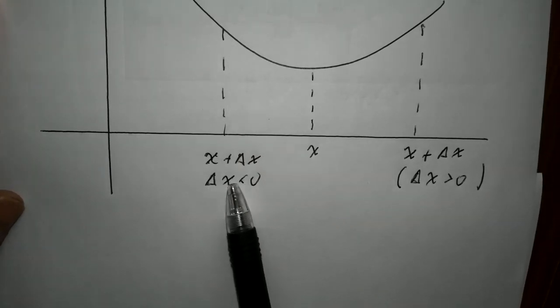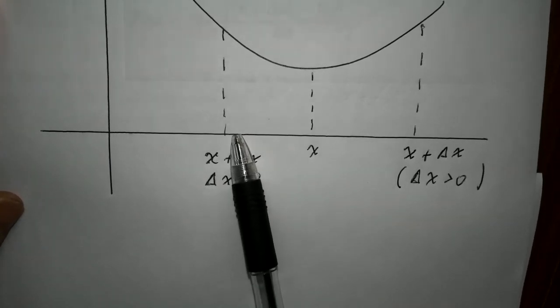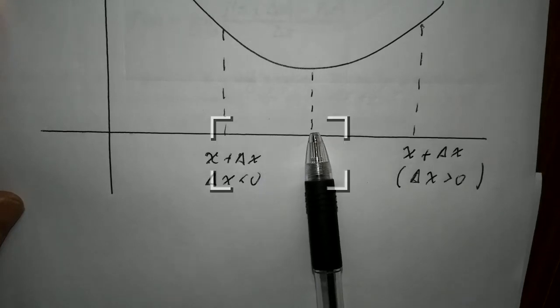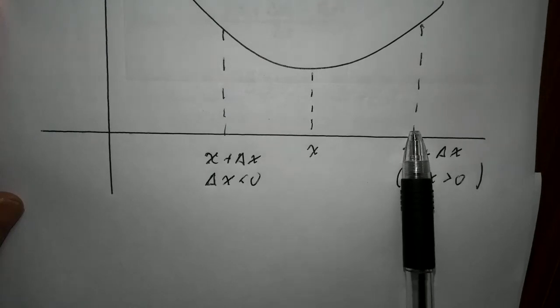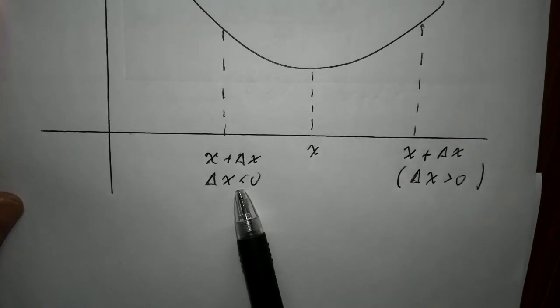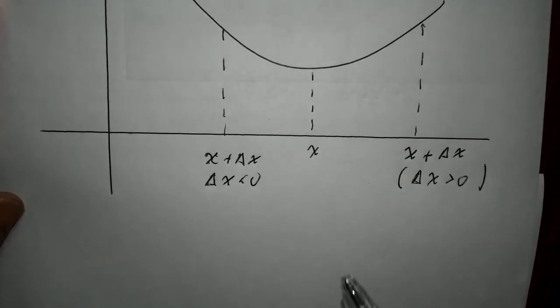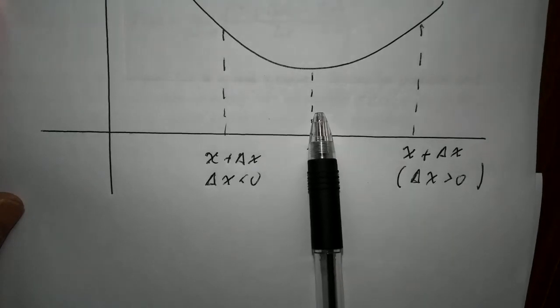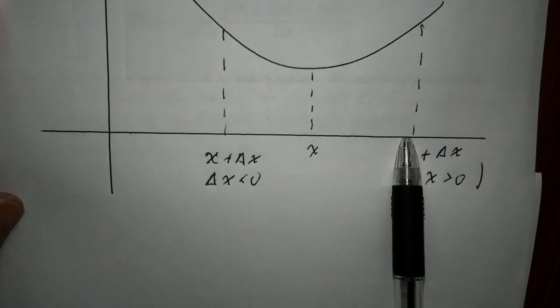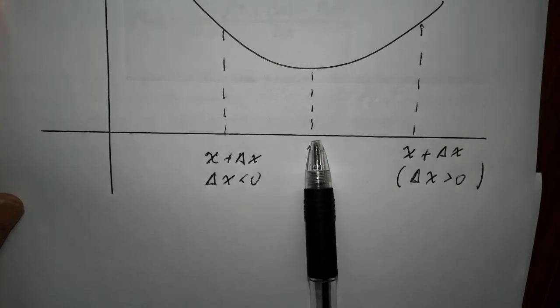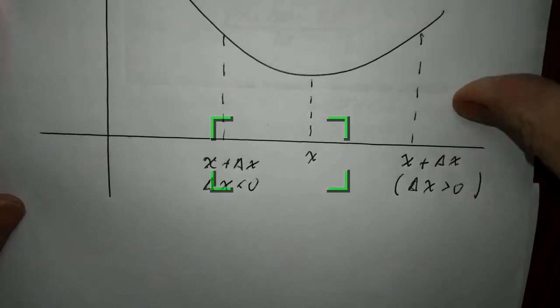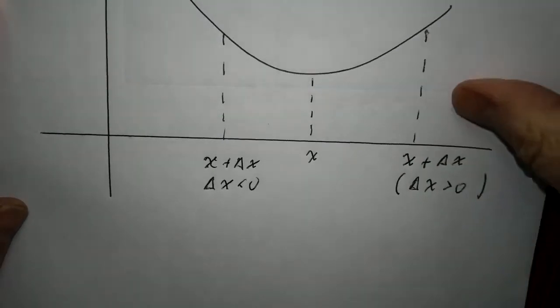And as delta x goes to 0, x plus delta x is going to approach x. So if we let delta x go to 0 from the right, or from the left, the two limits have to be the same. In terms of this graph, if x plus delta x goes to x from the right, or from the left, the limit should be the same in the derivative definition.